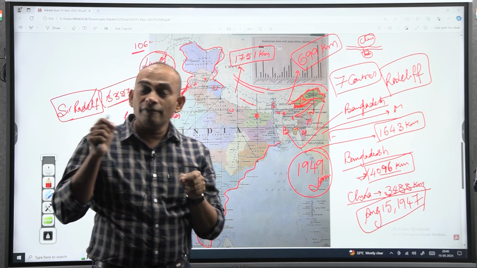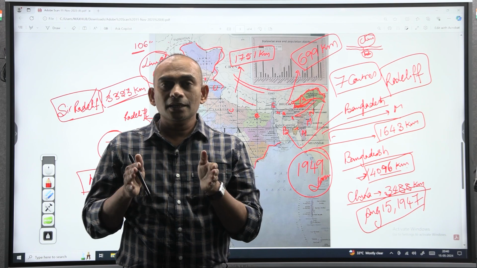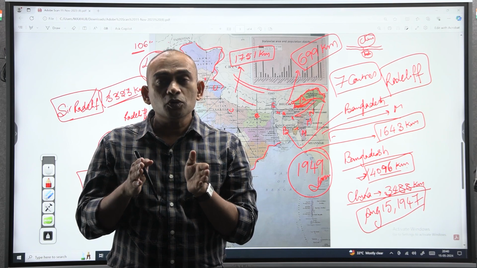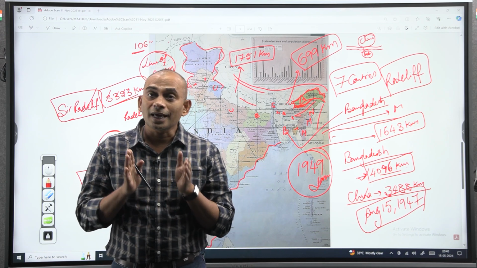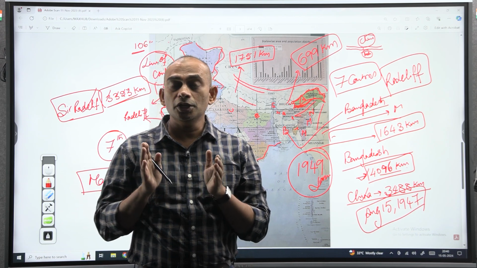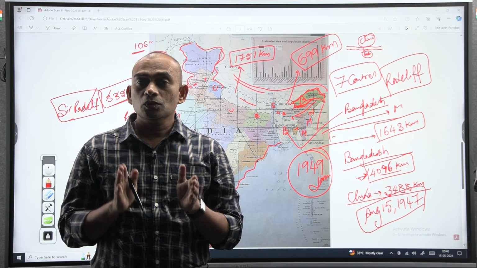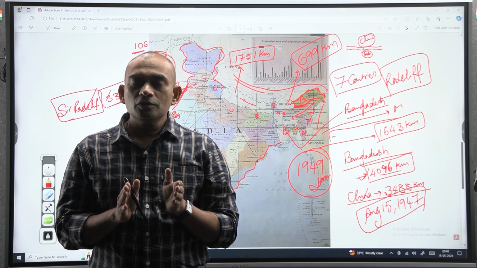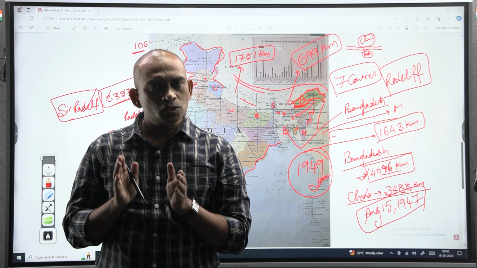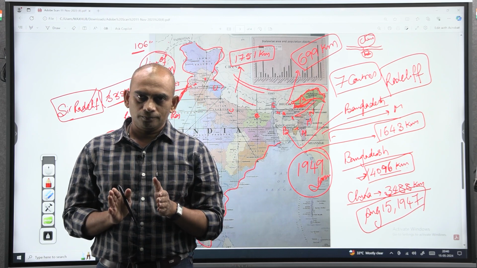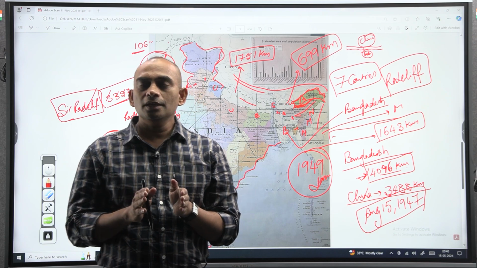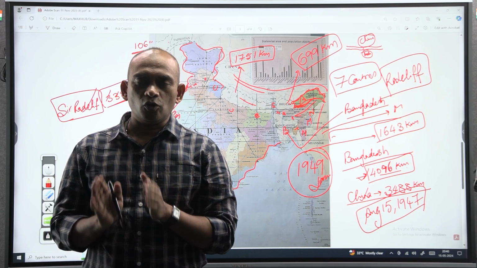Both countries have clearly been obeying this Line of Actual Control after the 1962 Indo-China war. That war continued for 30 days, after which China unilaterally withdrew from the war.